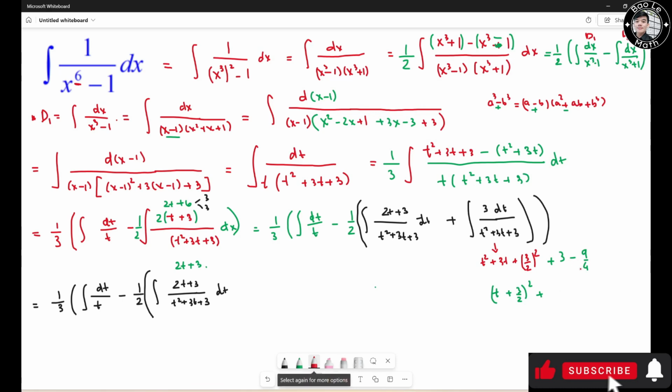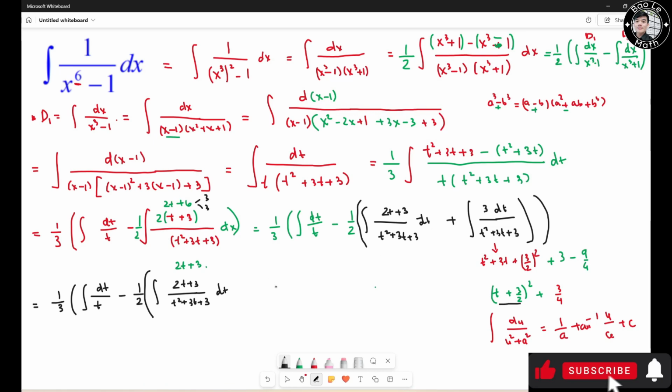now this one right here you just simplify, so it turns out to be 3 over 4, right? So you have the formula. If you need to take the antiderivative of du over u squared plus a squared, it's going to be 1 over a tangent inverse of u over a plus c. Alright, so u in this situation is going to be t plus 3/2, right?